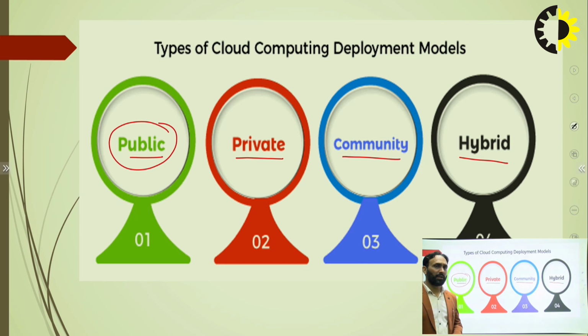There are many service providers, like Amazon EC2 and others, that provide cloud services over the network, as we see when we explore the internet for cloud services. This service provider is called a CSP, Cloud Service Provider. Many companies are working in this field.